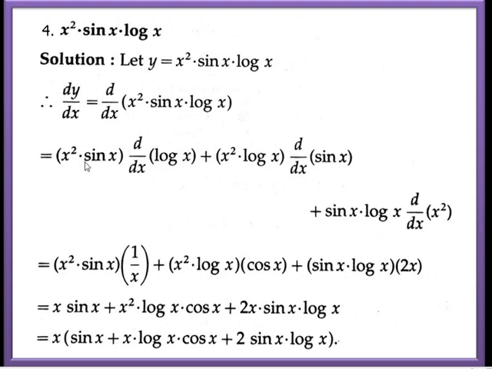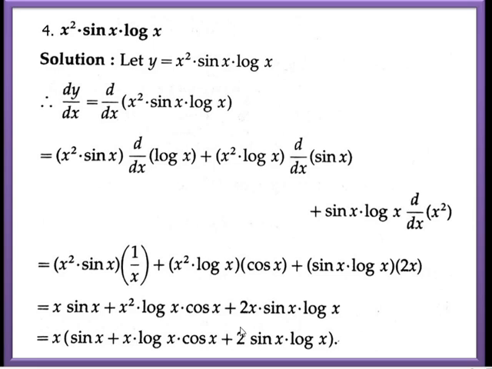In this case they have obtained the derivative again, that what is derivative of x square sin x? x square into derivative of sin x plus sin x into derivative of x square, which is nothing but 2x. I repeat, x square sin x into derivative of log x is what? It is 1 upon x. Okay, plus log x into what? Derivative of second function. Okay, x square sin x.